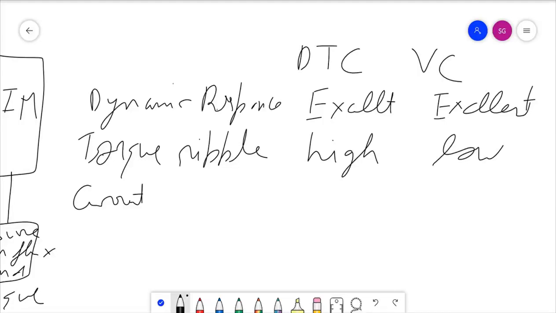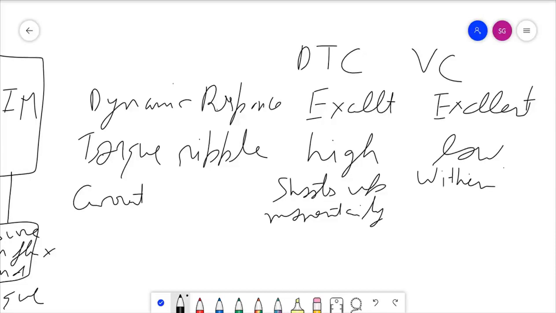No, momentarily the current shoots up. There is no direct current control, so current may increase to a higher level momentarily. But in vector control, current is controlled, and it is always less than the machine rating. So current is within range, within rated value.